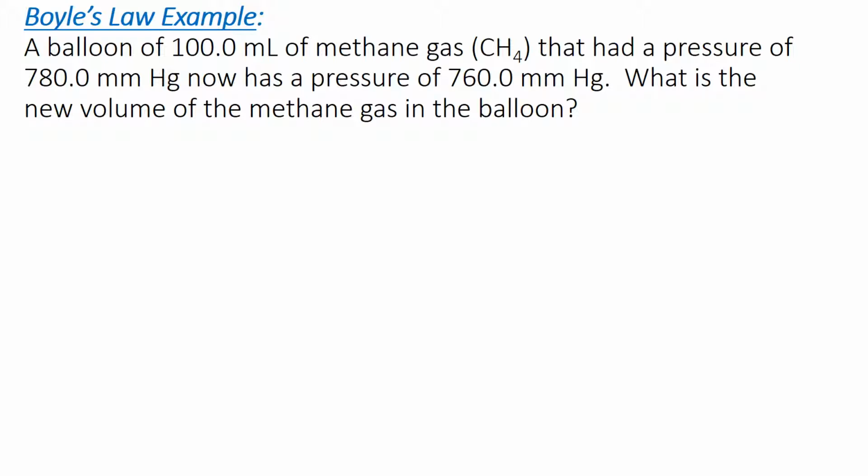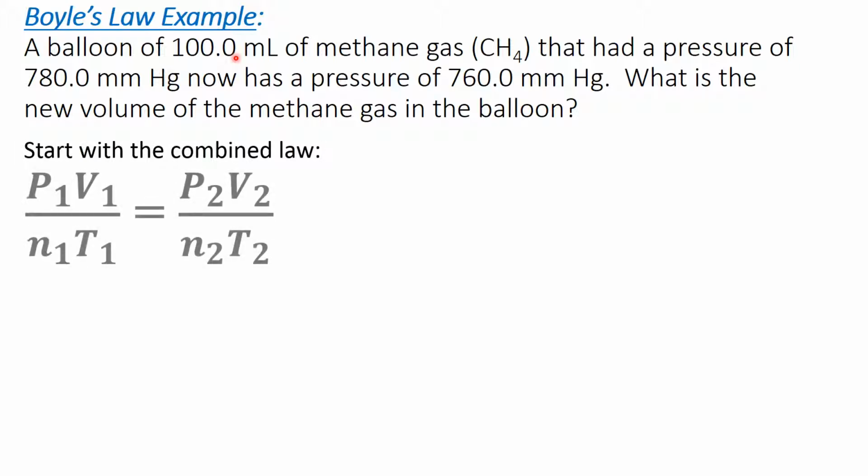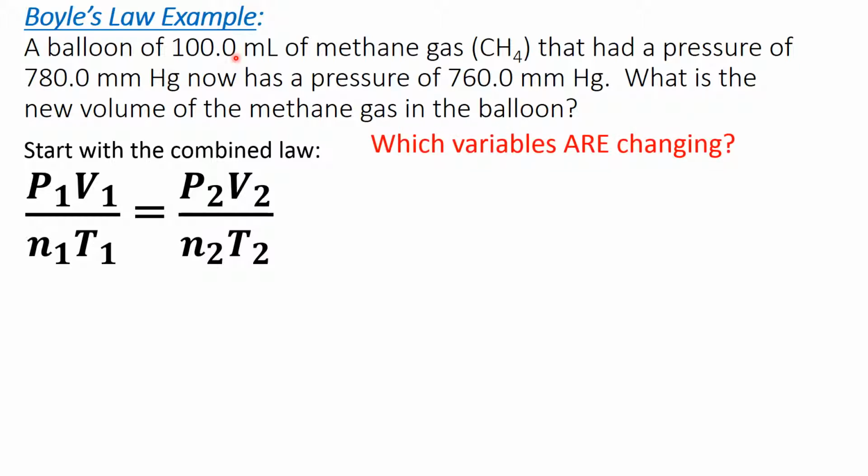So let's take a look at a Boyle's law example. In the example, a balloon of 100 milliliters of methane gas has a pressure of 780 millimeters of mercury. It now has a pressure of 760 millimeters of mercury. So what's its new volume? Well, we can start with the combined gas law, which is this, and we look to see which variables are changing.